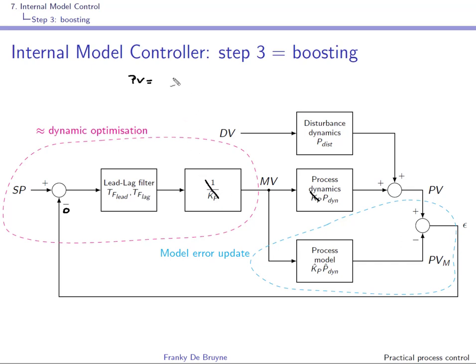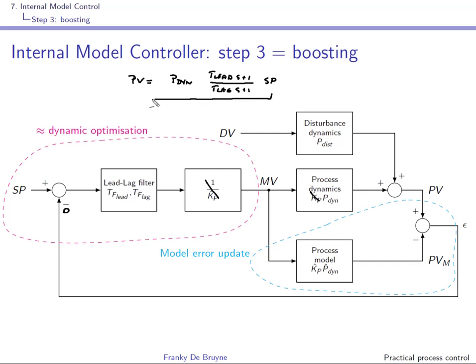So we'll have p din. This is the open loop dynamics without the static gain, right? And we'll have the lead lag filter, so the t lead s plus 1 over t lag s plus 1, times the set point, right?